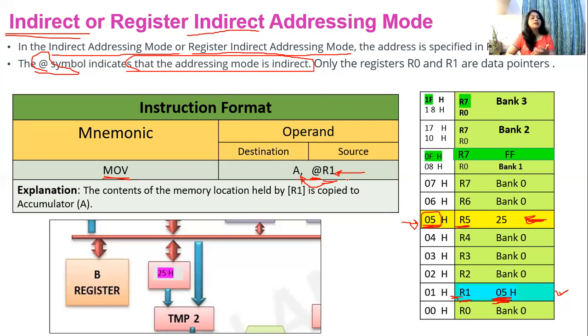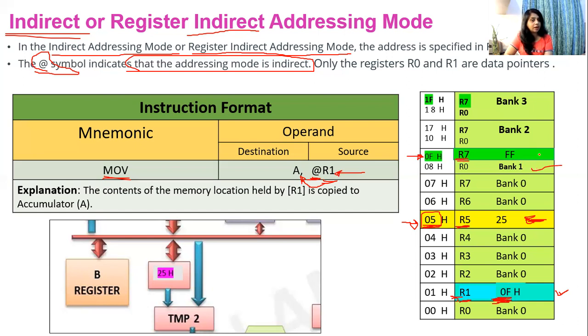Let's take another example. Now suppose R1 holds 0F and not 05. Since R1 holds 0F, where is 0F? 0F is this 0F. So 0F is the address of R7 of bank 1. R1 is holding this address.